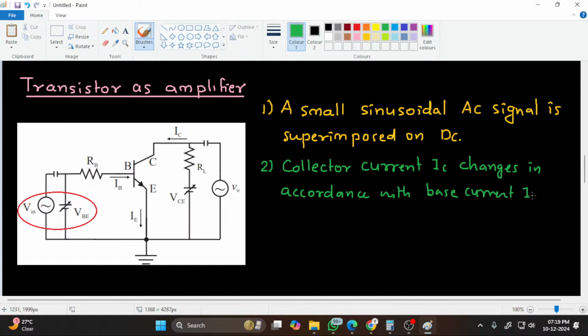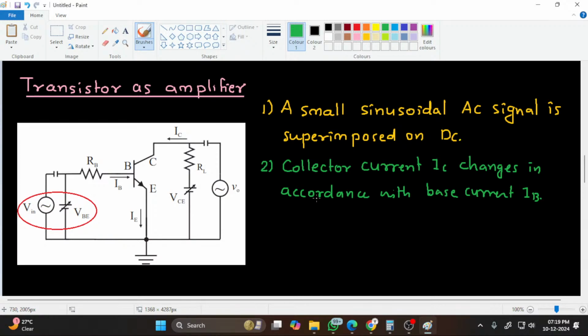We know that IC is directly proportional to IB, only it is amplified by a factor of around 100. That gain can be from 20 to 200.